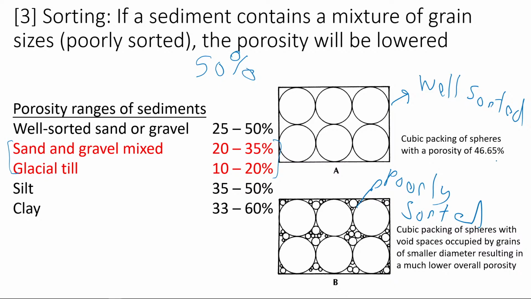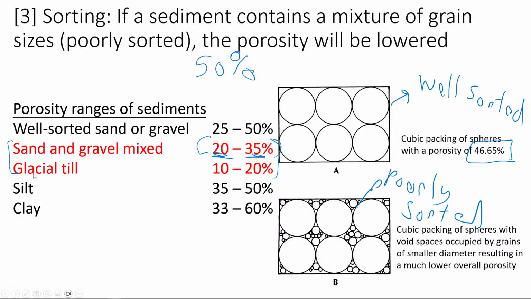So this will have a porosity of 56% if it is well sorted. But if it is poorly sorted, this porosity could drop generally to 20 to 35%, depending on the packing. This packing, for example, could drop to this.